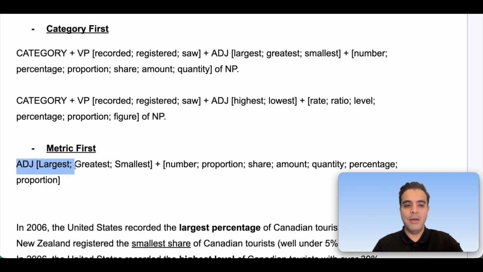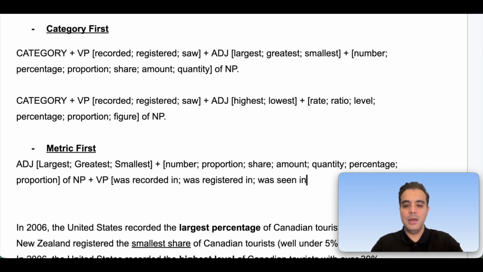So far we have the largest, greatest, smallest, number, proportion, share, amount, quantity, percentage, or proportion. Now we need to add the NP, right? So of plus NP. And we need to follow this up with our verb phrase. And so the verbs that we can use in this particular instance include was recorded in, was registered in, or was seen in.